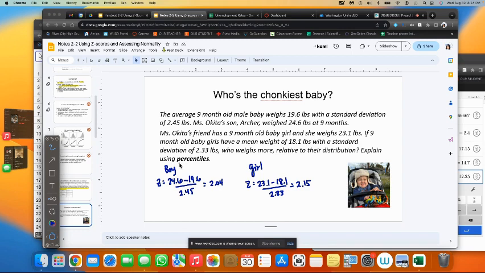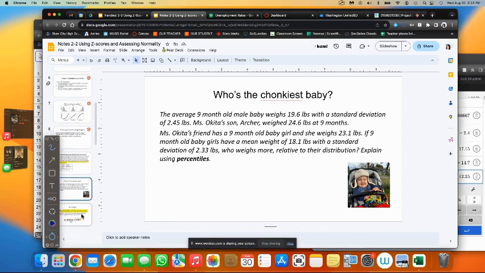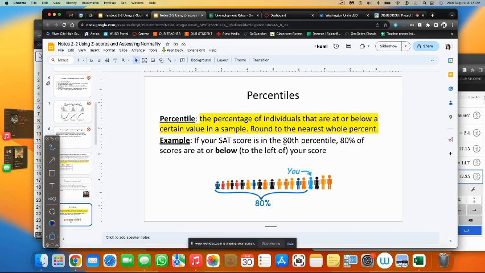So usually when you bring a baby to the doctor, they actually report their weight in terms of percentiles. So what we're going to learn is how to convert this number to a percentile. First we need to make sure we know what a percentile actually is. A percentile represents the percentage of individuals that are at or below a certain value in a sample.